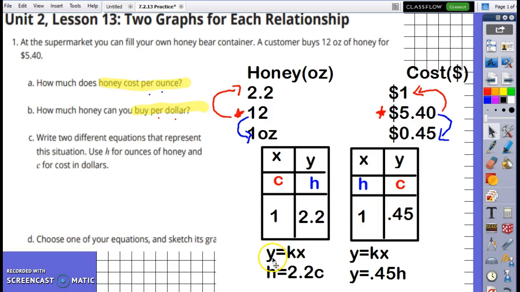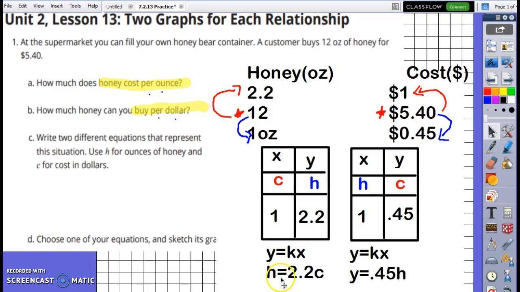So I have two different equations for the same relationship. My equations are always written y is equal to a constant times x. This is always my equation for a proportional relationship. Now I'm just going to substitute. Here my x is the cost and my y is the honey, so h is my y-axis there.